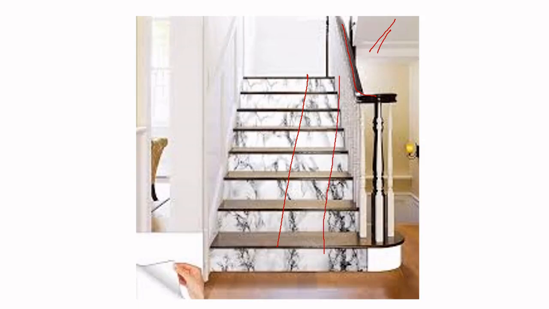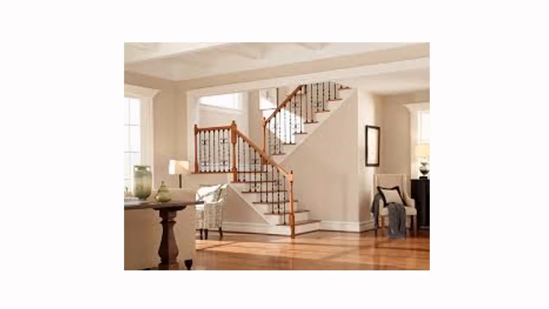If we take this angle as 0 degree, the next flight goes in this manner, about 180 degrees. It goes like this, then comes like this, goes and comes. So this is another type of staircase.